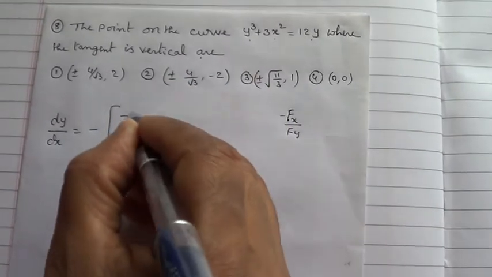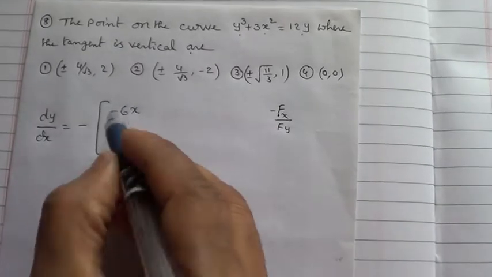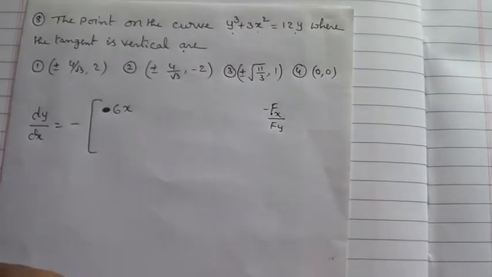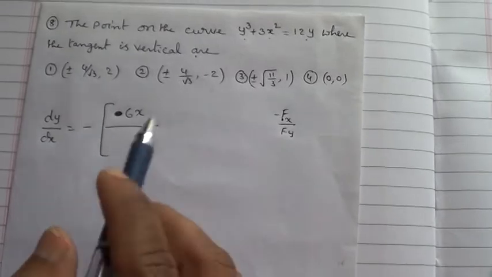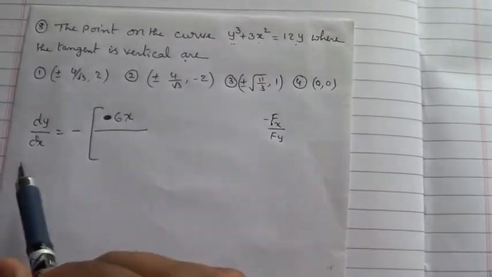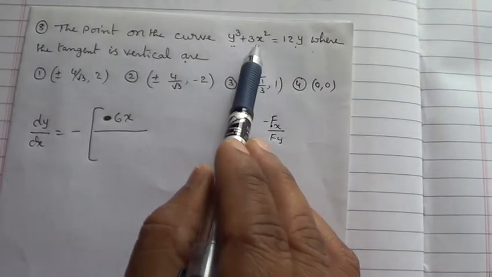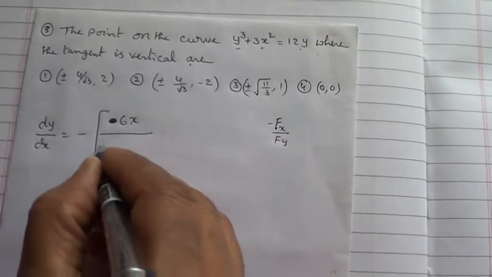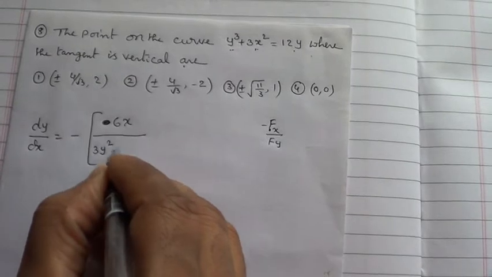First differentiation: taking y as a constant, its differentiation is 6x. Next, take x as a constant, its differentiation is 3y square minus 12.